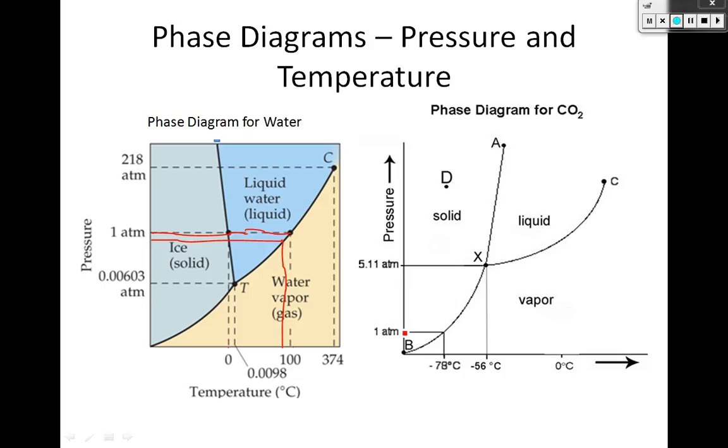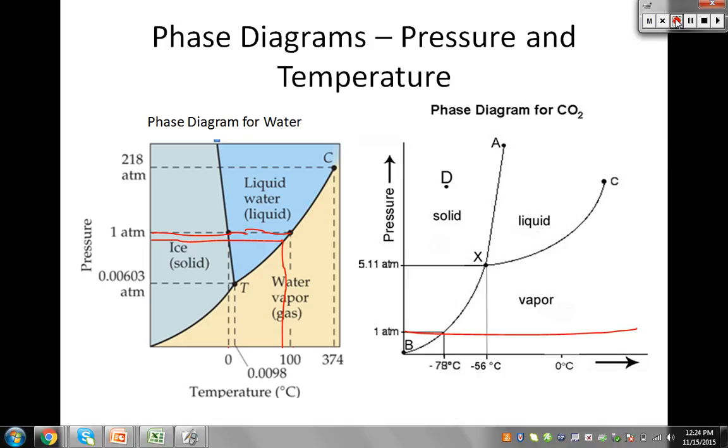And notice at 1 atmosphere, so that's about where we are in Seattle, there's only 2 options if we follow this line the whole way over, solid and vapor, because the pressure is so low that there isn't a liquid state of matter at 1 atmosphere.